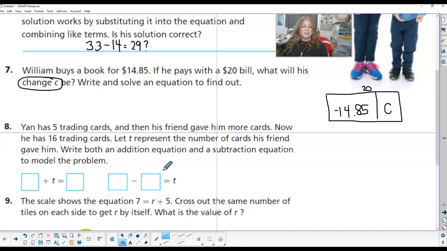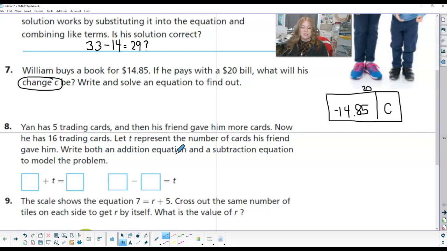Okay, number 8, Yan has 5 trading cards, and then his friend gives him more. So he has 5 and he gets more. So we know that number should be going bigger. Now he has 16. T is the number of cards his friend gave him. So we don't know. I think we can figure it out, but that's not what we're working on.